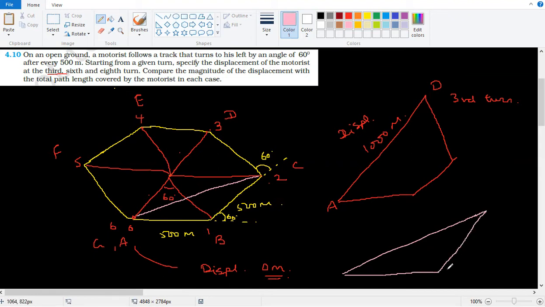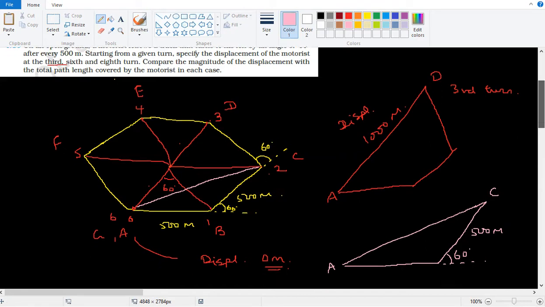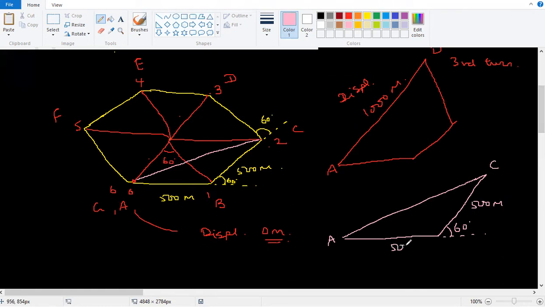So that's an isosceles triangle. This is your 60 degrees. This is also 500 meters. So I'm supposed to find the distance between A and C. This will be my displacement which is required here for the 8th turn, because 6th, 7th and 8th turn. This is 500 meters. If this is 60, you can easily say that this is 120 degrees.